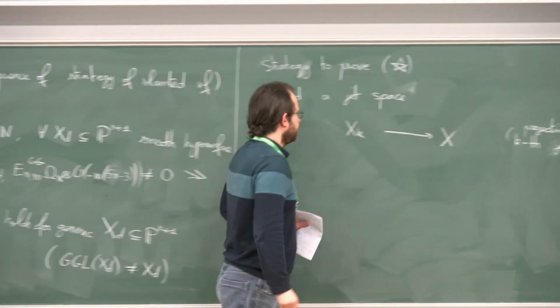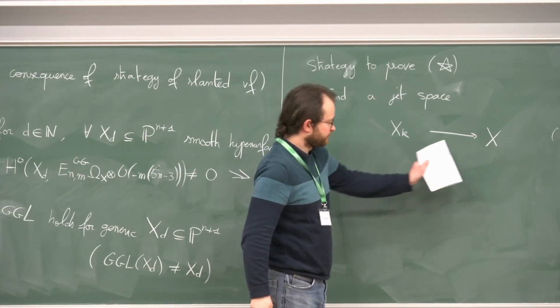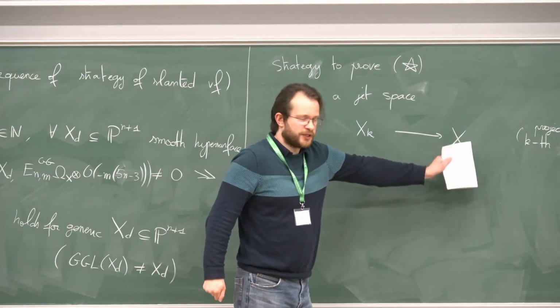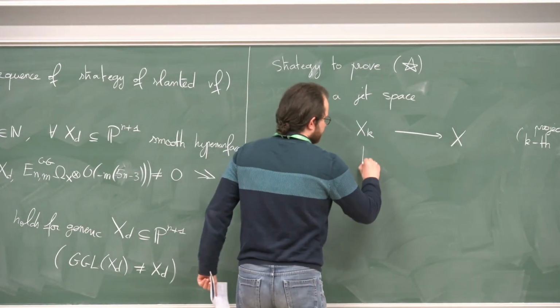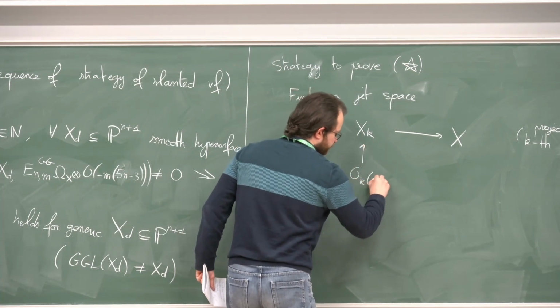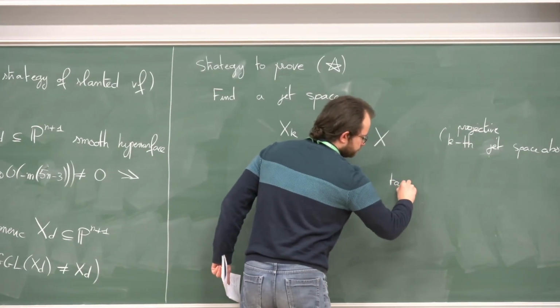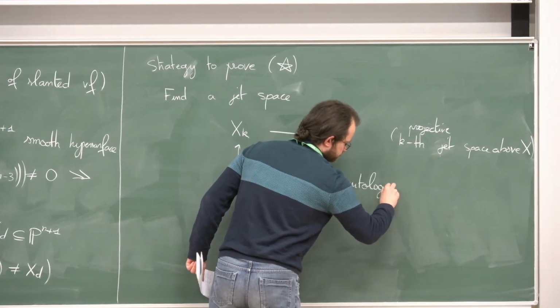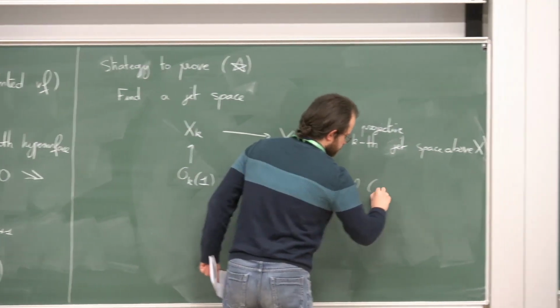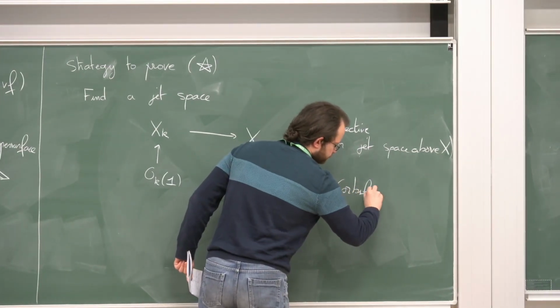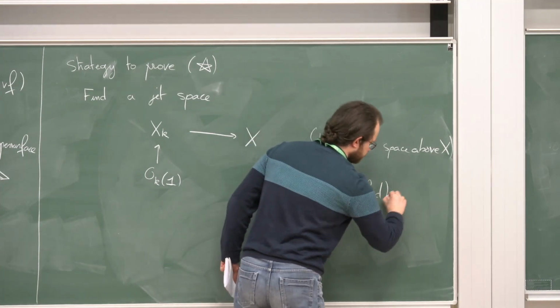All right. So find such a projective jet space for any k, say, dominating every projective manifold, and on it, some tautological line bundle. So typically it will be an orbifold line bundle. I'm just going to write that for completeness.